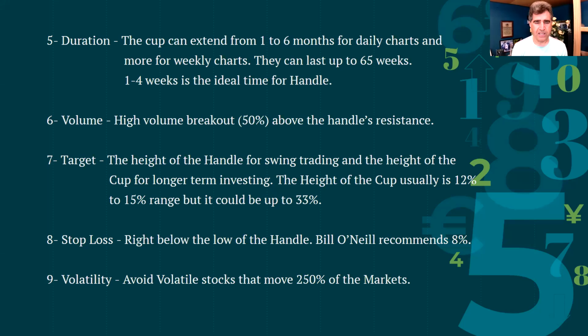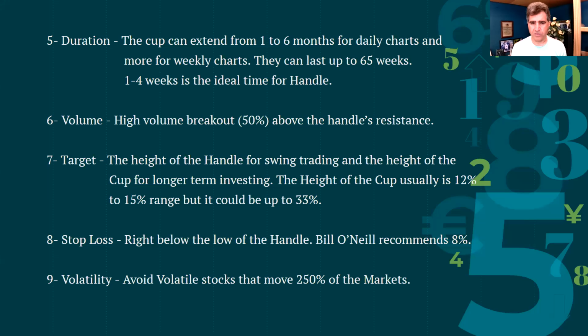He's very much a person of discipline, and he believes that as soon as your stock goes down 8% from your entry, you're out of it, because he thinks that 8% is good enough to give you another day to come and battle. So it is 8% based on Bill O'Neill.